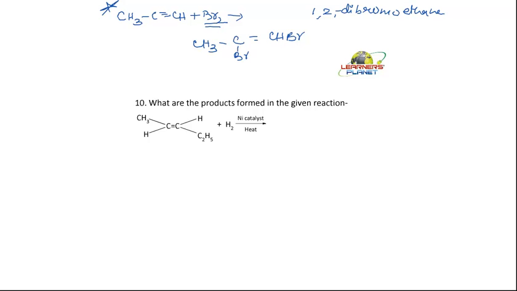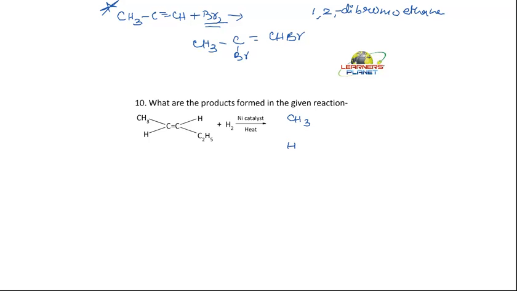What are the products formed in the given reaction? What is happening here? This will undergo an addition reaction. Why? Because there is a double bond here. So what will be the product obtained? I'll write the product here.